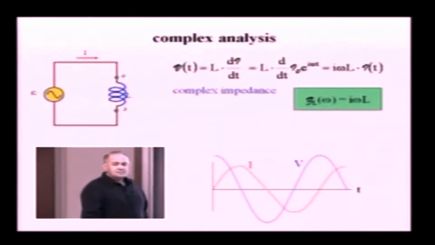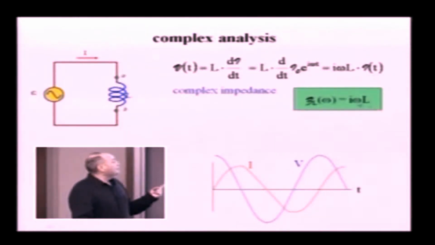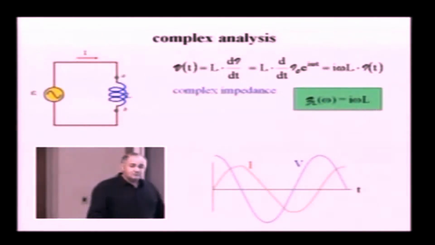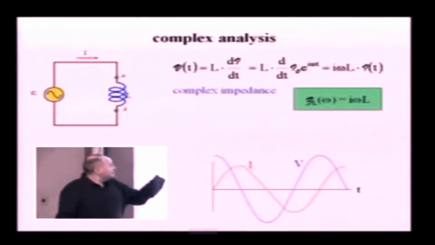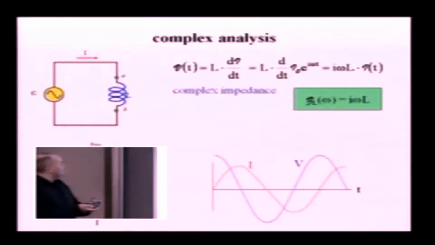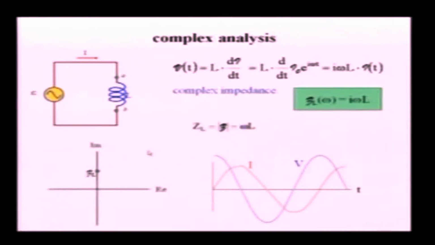What's the absolute value of i? 1, alright. Now omega is a positive number, real, so the absolute value of omega is omega, and the absolute value of L is L. So this is where we would mark the number, and impedance is indeed angular frequency times inductance.